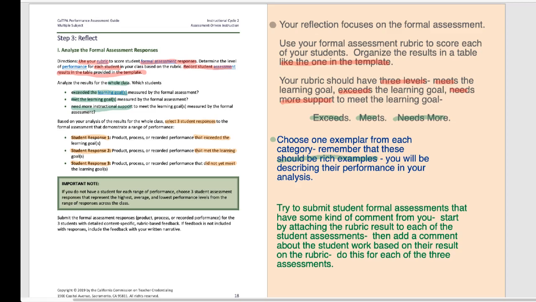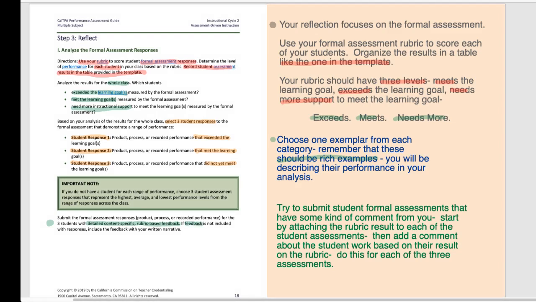Okay? The next piece, let's look down here. This is important. Submit the formal assessment responses, product, process, or recorded performance for the 3 students with detailed content-specific rubric-based feedback. So feedback is a big deal.